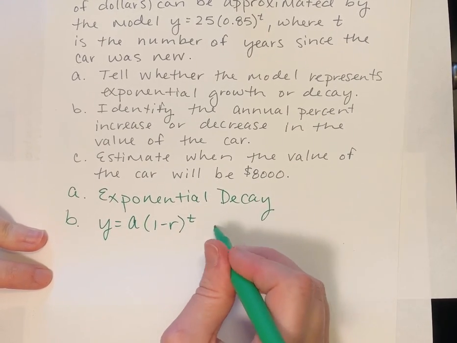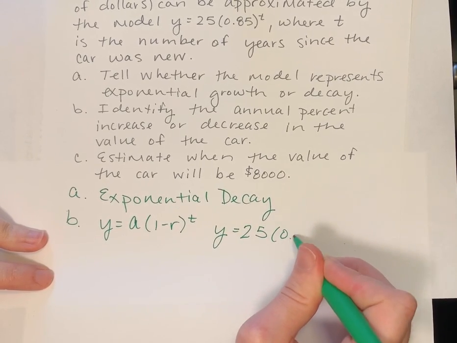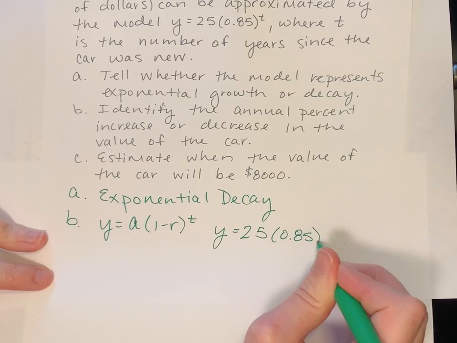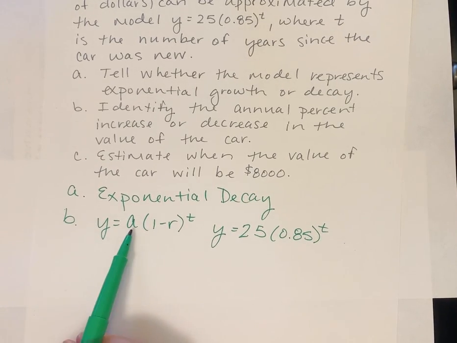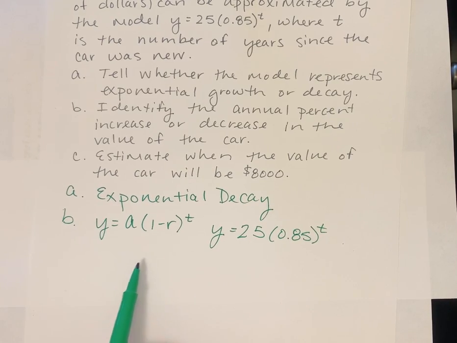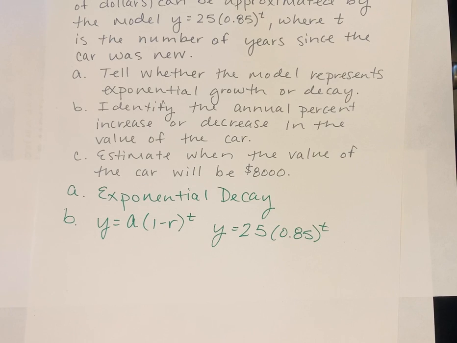The equation that they give us in the problem is y equals 25 times 0.85 to the t. Okay, well, a is 25. My 1 minus r is 0.85. If I'm looking for the percent increase or decrease, in this case, obviously, it would be a decrease because we're looking at decay, I need to figure out what my r value is.